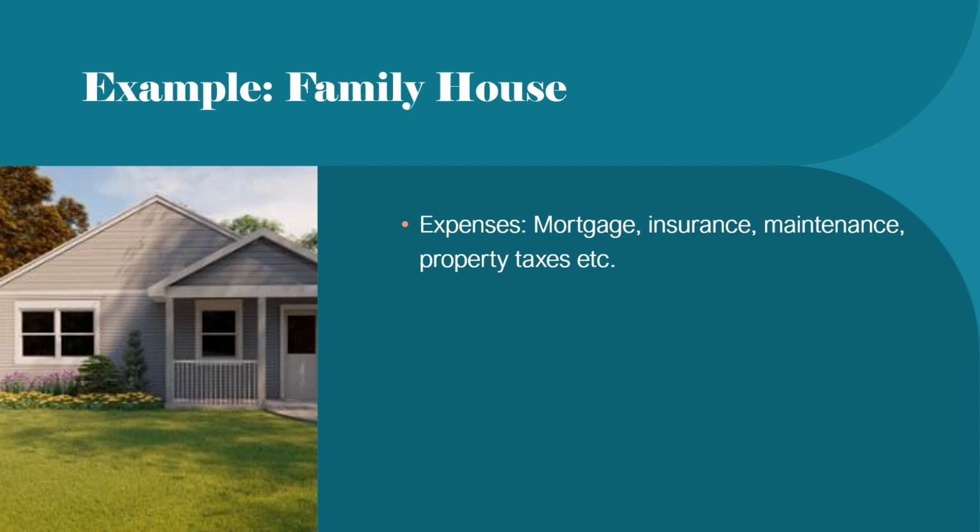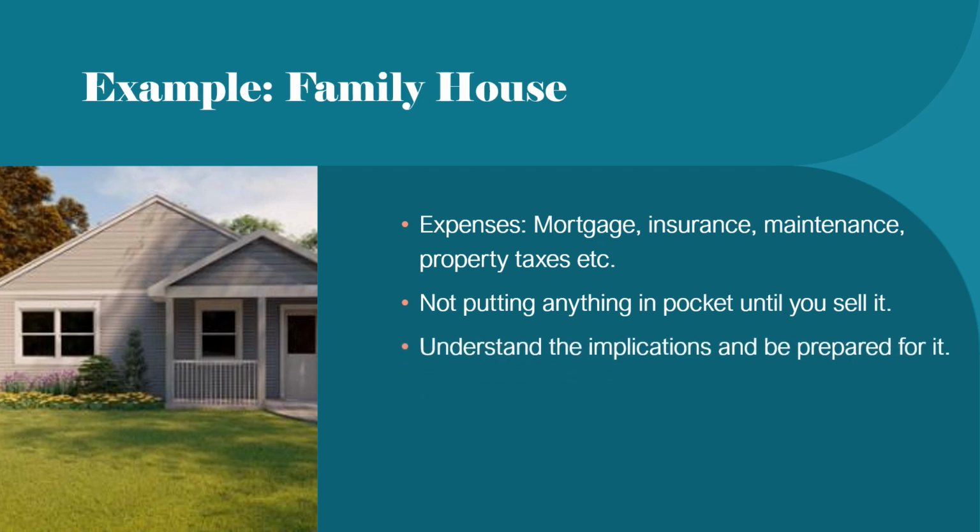Now, let's talk about income here. The family house does not put anything in your pocket unless you sell it. Now, I'm not telling you not to buy the house. All I am telling you is to understand the implications that come along with it and be prepared for it. My advice is to accumulate assets first and then buy the family house.